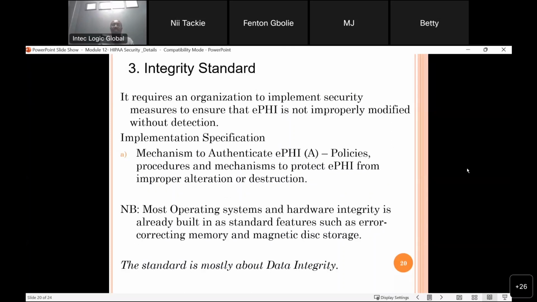Integrity. It requires an organization to implement security measures to ensure that ePHI is not improperly modified without detection, right?